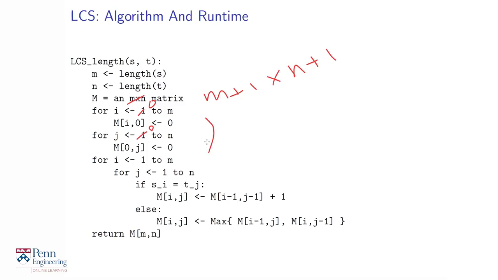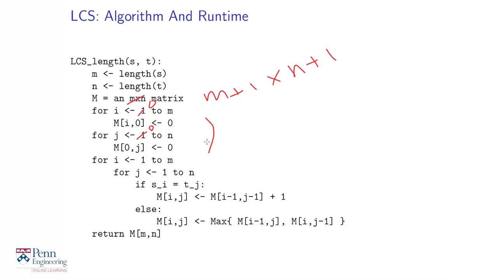Now for i ranging from 1 to m and for j ranging from 1 to n, and here we are filling things row by row because we're letting j run through all the possibilities while keeping i fixed. The inner loop is ranging over j.